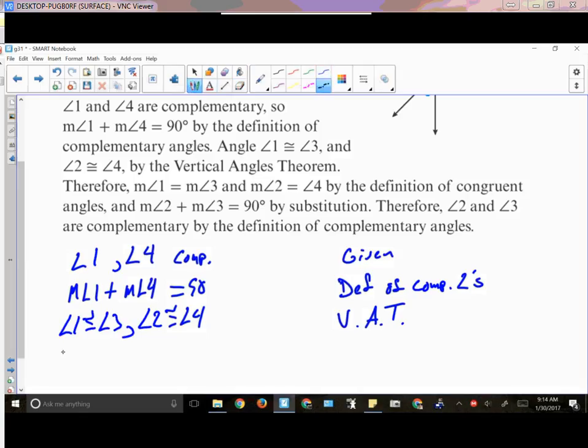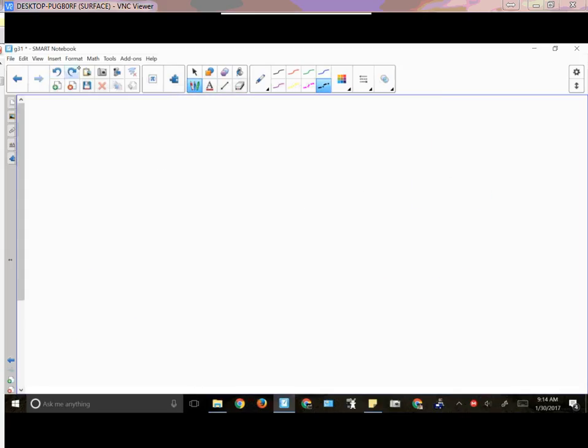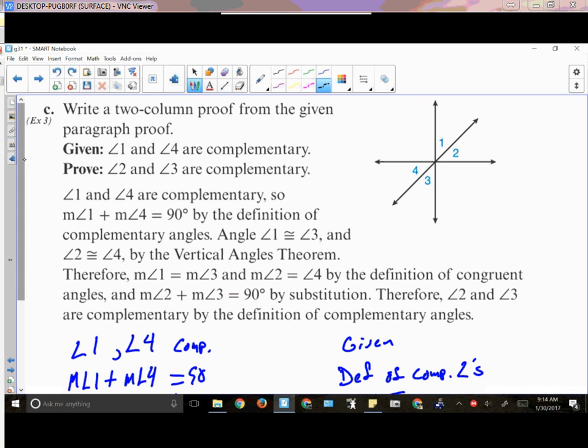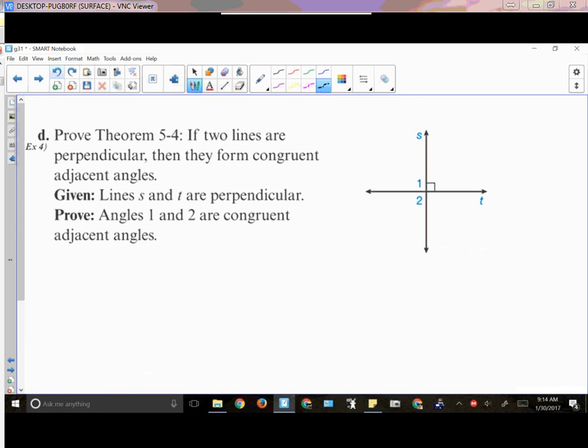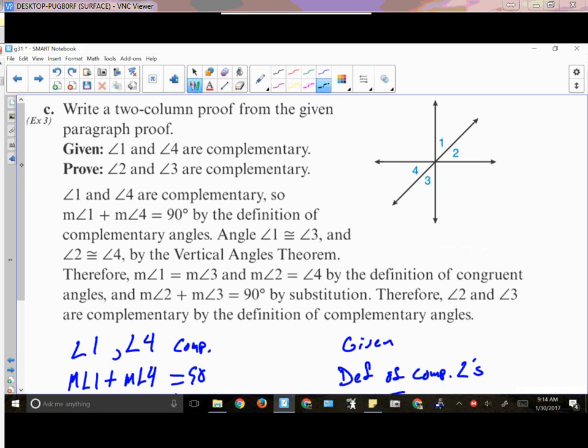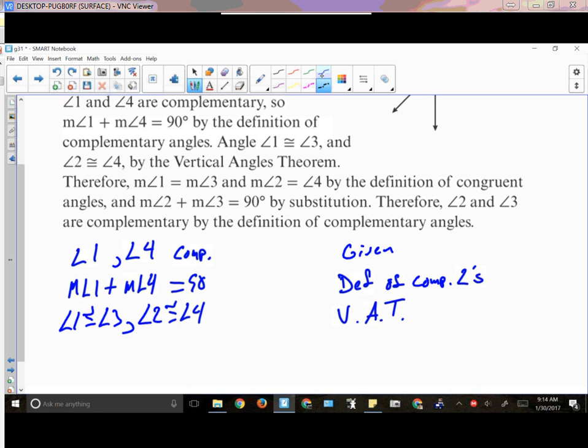So we've got the measure of angle 1 is equal to the measure of angle 3. The measure of angle 2 is equal to the measure of angle 4 by what? Definition of congruent angles, it says.